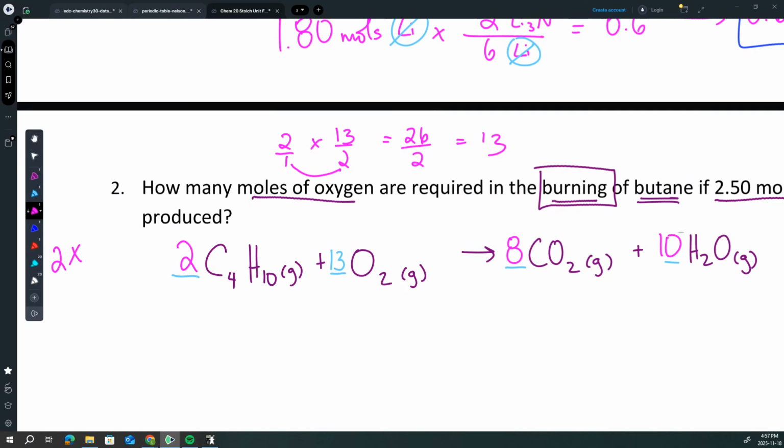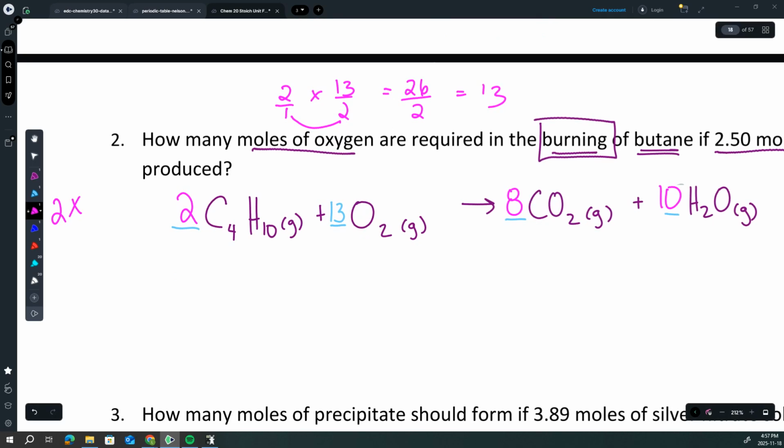But if you are just balancing a chemical reaction and you don't need to do a stoichiometric calculation, for combustion reactions only, you are allowed to write a fraction for your coefficient, and it's only ever going to be on oxygen.